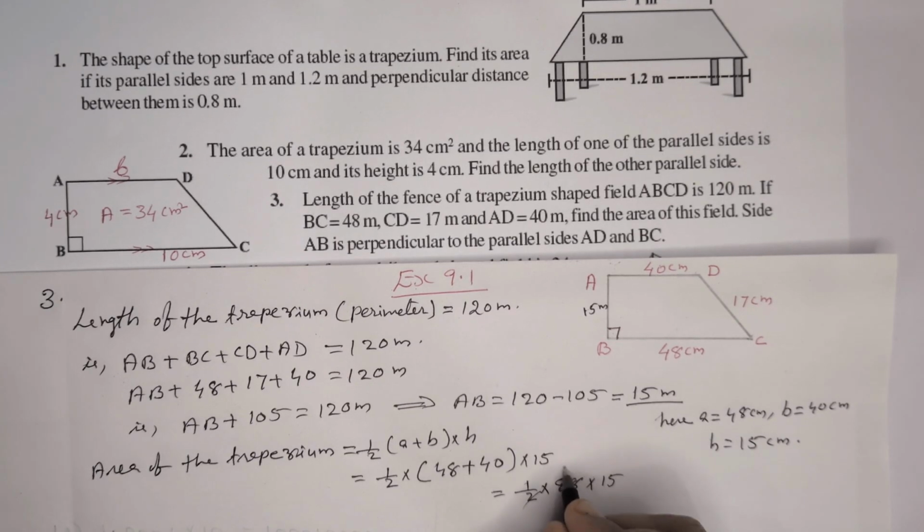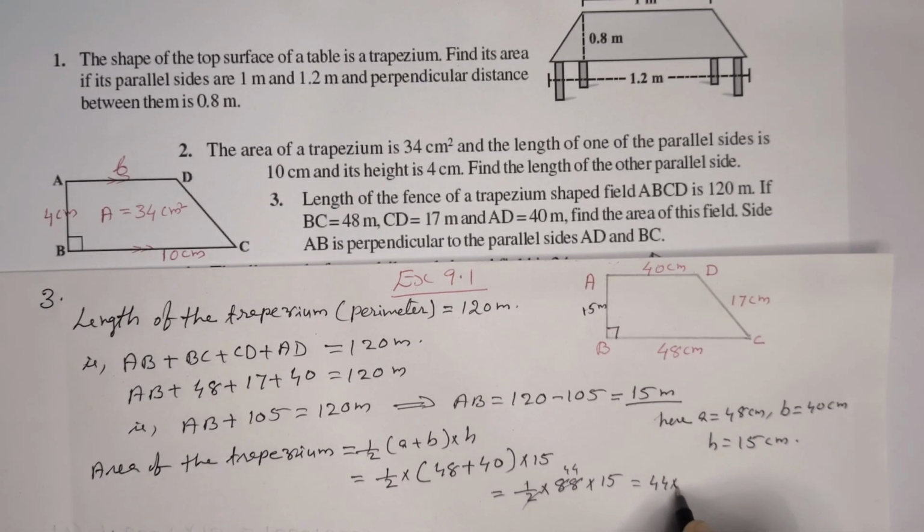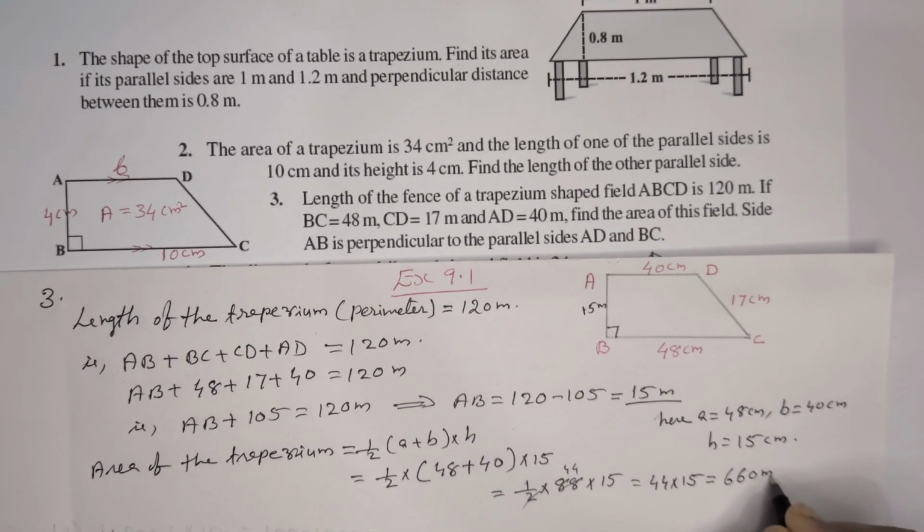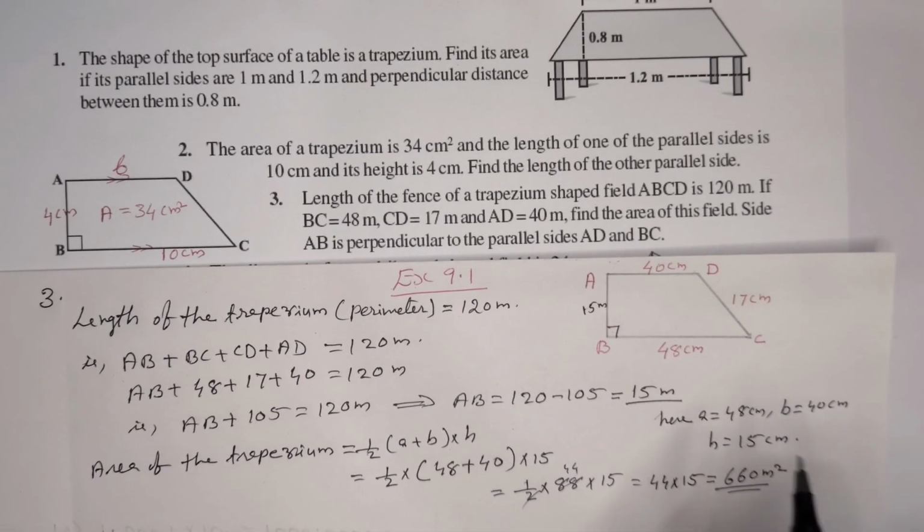Here 44, this is equal to 44 into 15, and that is equal to 660. So we can write the area of the field is equal to 660 meter square.